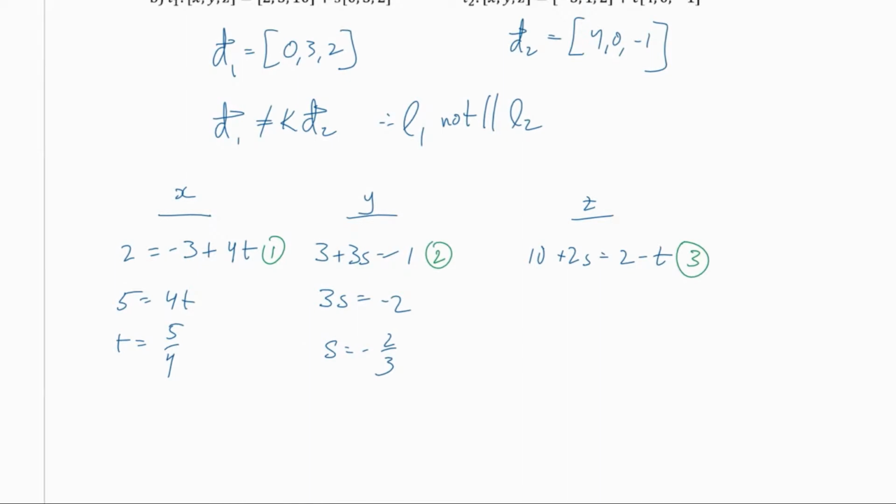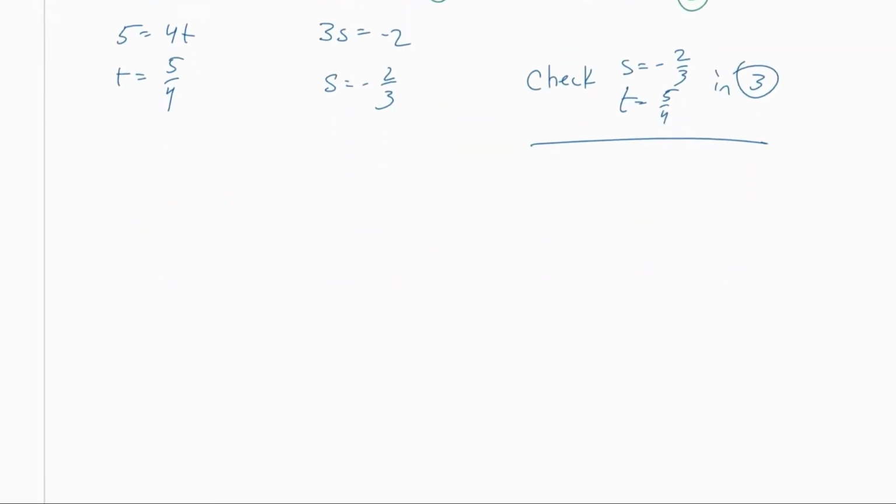But what I end up doing is I find those values of s and t, those parameters in this case, and I just check like we did before. So I'm going to check s equals negative 2 over 3 and t equals 5 over 4 in equation 3. All right, so this is all the same. I hope you're following this.